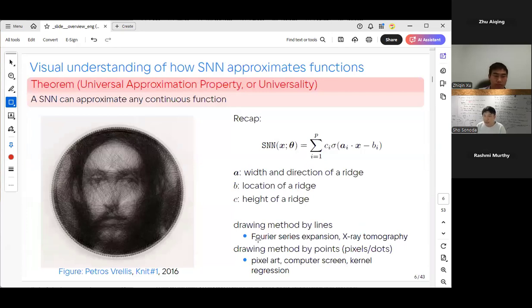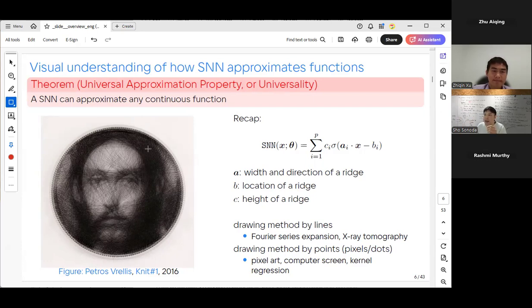Before stepping into the mathematical explanation, I want to explain an intuitive understanding of how neural networks approximate functions. On the left panel, you can see the face of Christ, made of pins and threads by an Italian artist, Petros Brelis. If you align many segments or threads on this two-dimensional space, then you can make cross points.